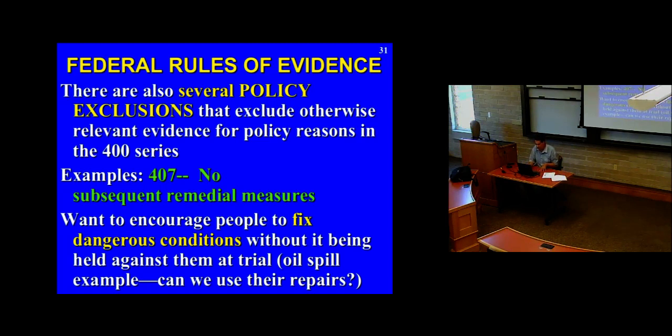Now, in this example of an oil spill, let's say we have an oil spill, there are a lot of damages. After the oil spill, the oil company then makes some changes. Let's say there was an oil spill that took place as there was oil being put into a huge super oil tanker. And the tanker ran into a rock and all of the oil came out of the tanker because it hit a rock, put a hole in the tanker, and the oil came out.